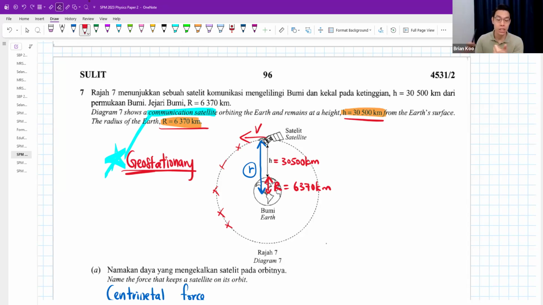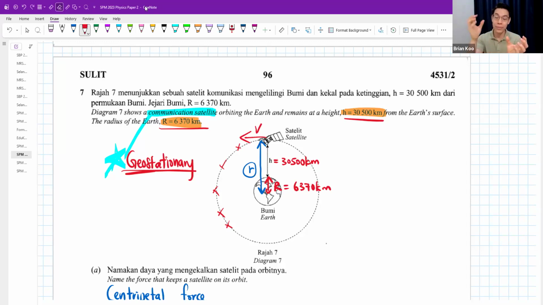For example, GPS satellite, non-geostationary, weather forecast, Earth imaging, all this, everything other than communication is non-geostationary. Okay, and if it's geostationary, meaning as the Earth rotates, the satellite always needs to follow exactly on top of the same location, always above the same geographical location.